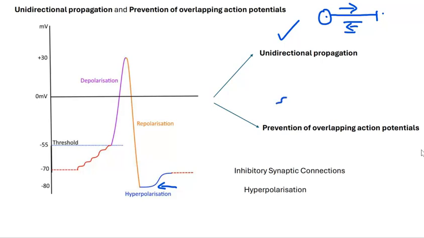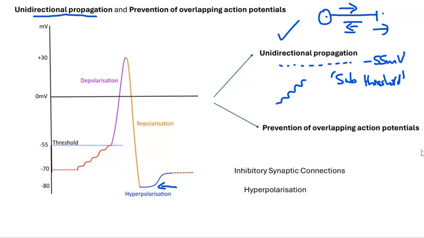And in that case, it would be unable to reach the threshold value of minus 55 millivolts. And so that would be what we would call sub-threshold. And remembering our all or nothing principle, nothing will happen. In other words, it doesn't happen so that the impulse continues in one direction, unidirectional propagation.